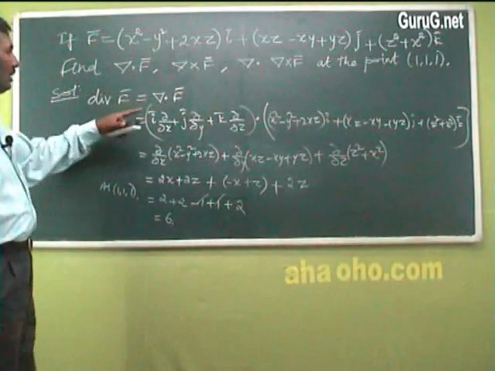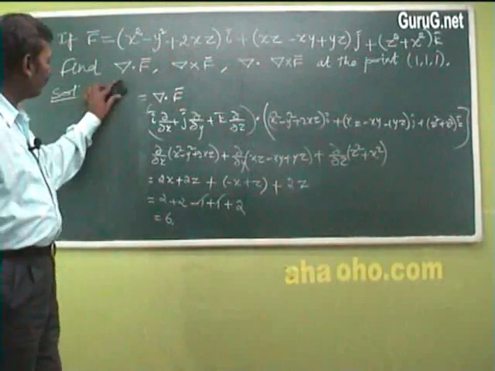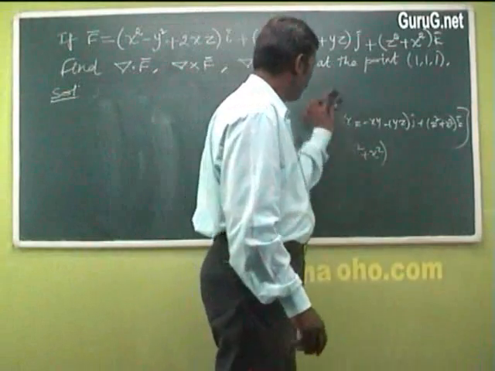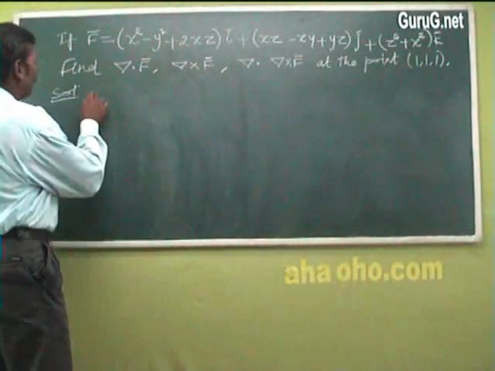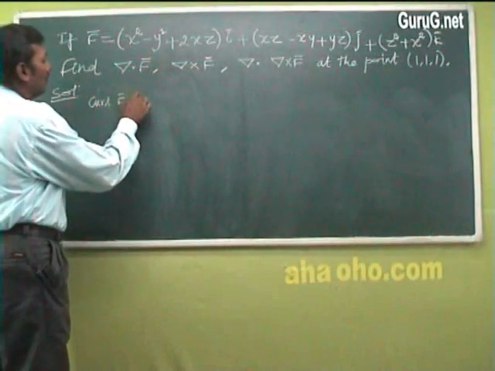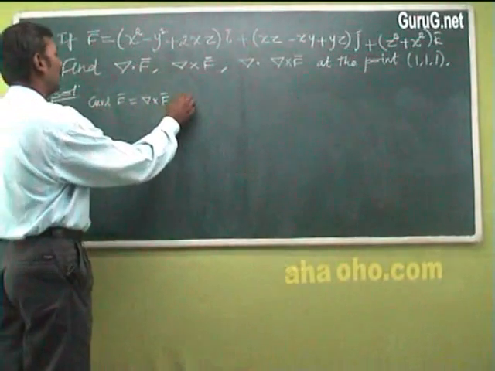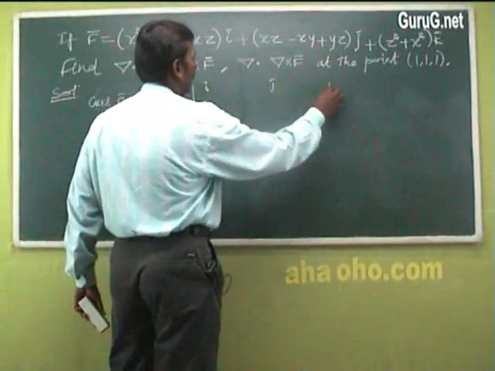The second question, del cross f. What is del cross f? It is the curl, equal to del cross f. What will be the definition? The determinant i, j, k.